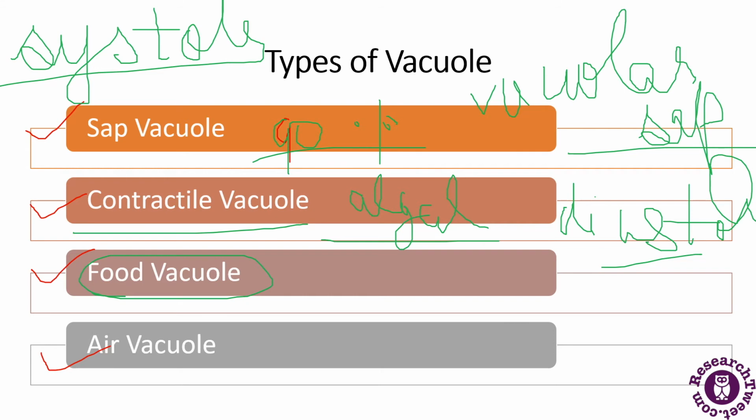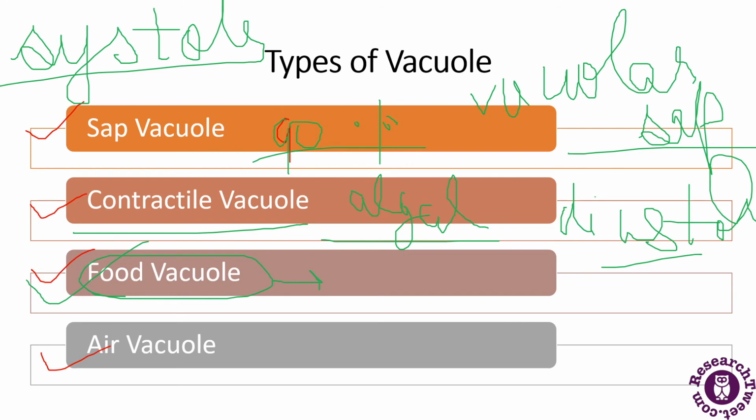It contains digestive enzymes which help the nutrition to be digested. The digested material then passes out into the surrounding cytoplasm. This is what a food vacuole is.